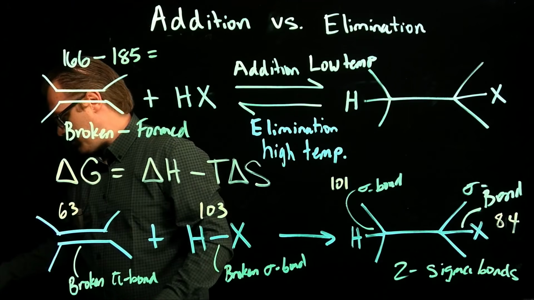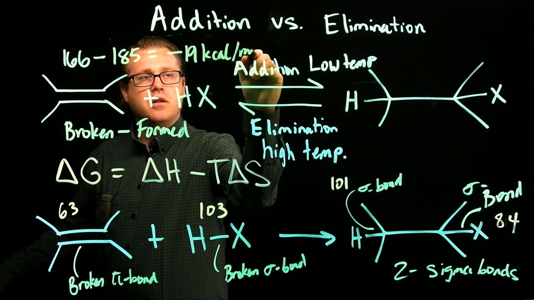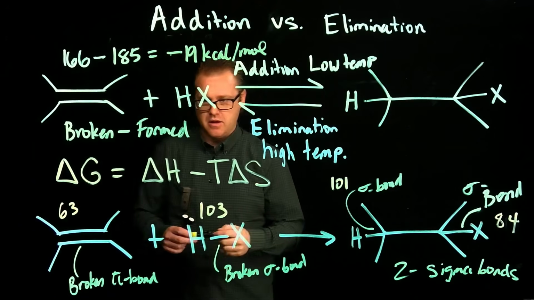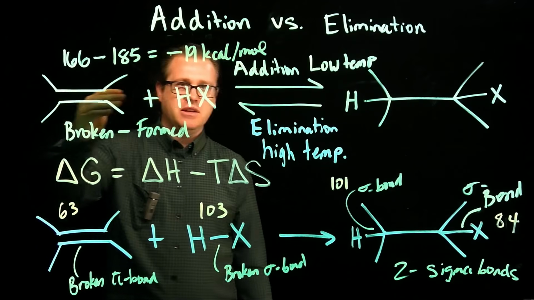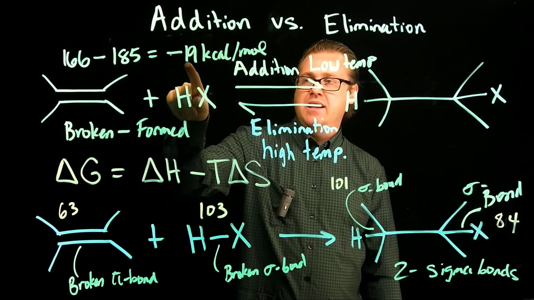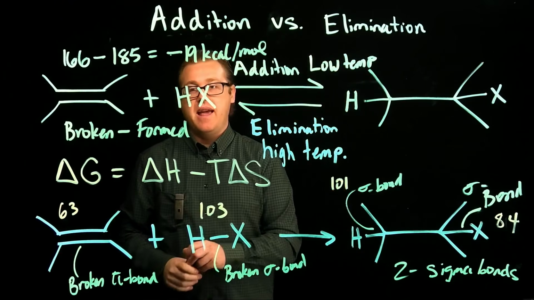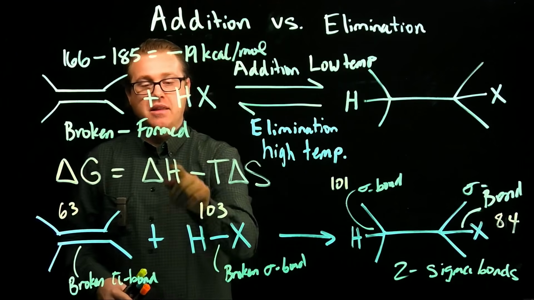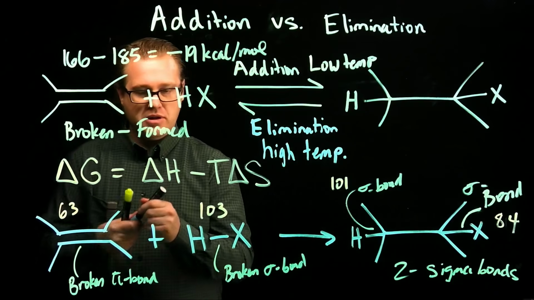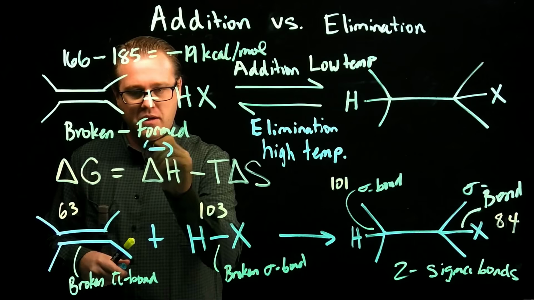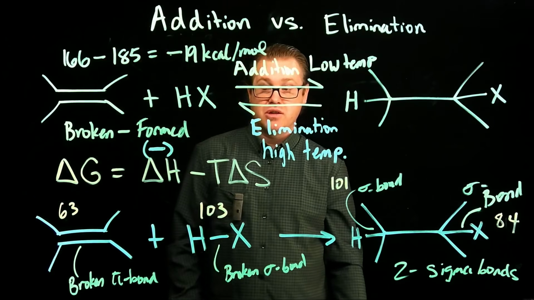That's going to equal negative 19 kcal per mole. So when we do an addition reaction, we have a negative enthalpy. Generally speaking, the enthalpy term is going to be negative when you do an addition reaction.